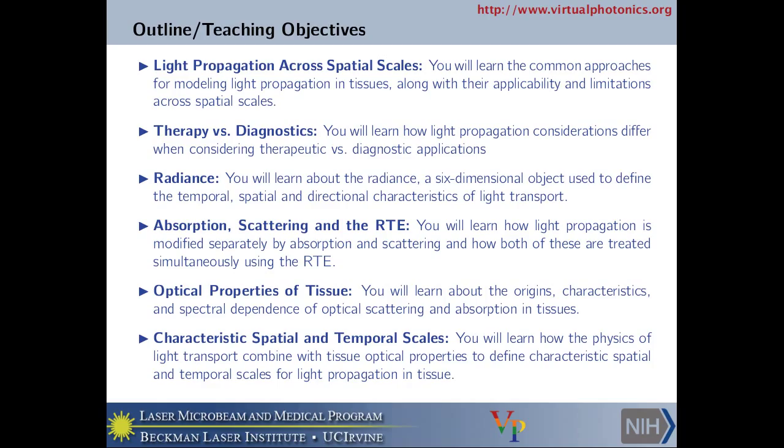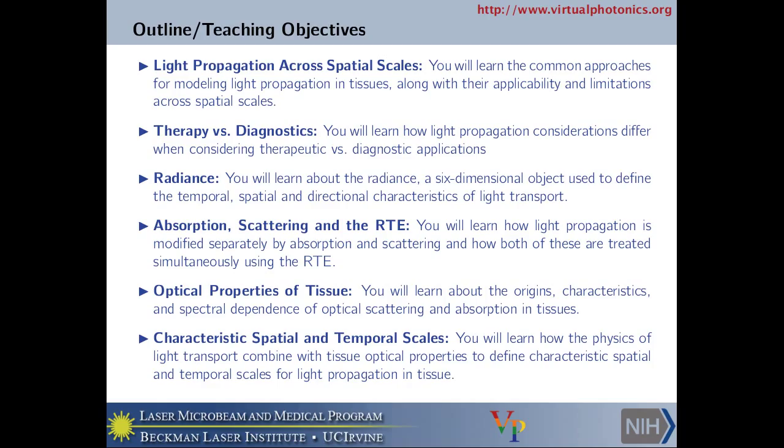And then I'll transition to talking about, from a modeling or computational perspective, the different considerations one has to consider when wanting to know something about light transport as it relates to a therapeutic application as opposed to a diagnostic application. Ultimately, the governing equations that you solve are the same, but the ultimate metric that you're interested in computing is different, and therefore the approach to doing that may differ.